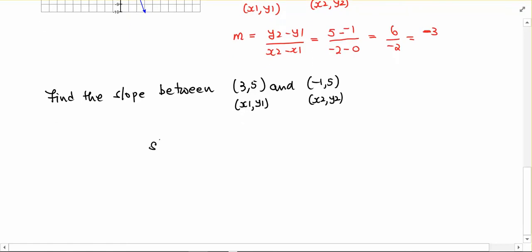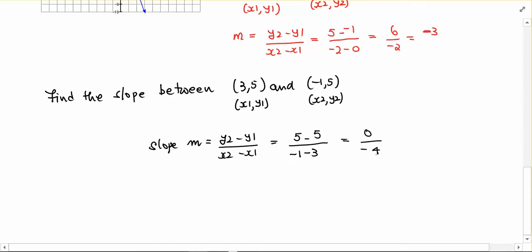So slope m is equal to y2 minus y1 over x2 minus x1, which is equal to 5 minus 5 divided by minus 1 minus 3, 0 over minus 4, which is 0, slope of 0.